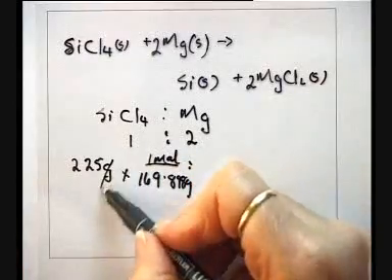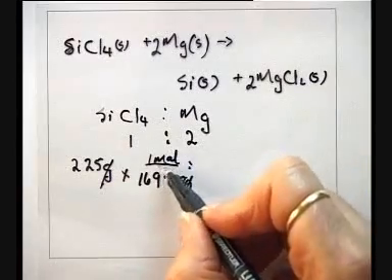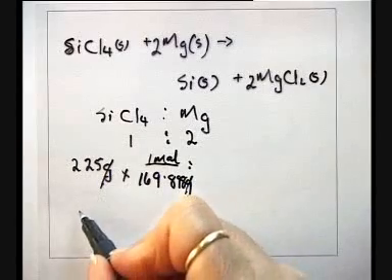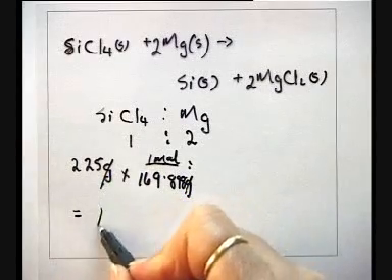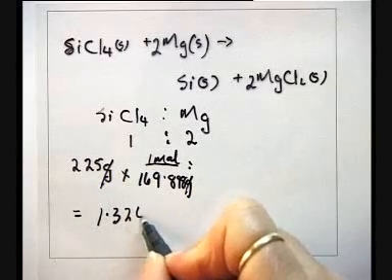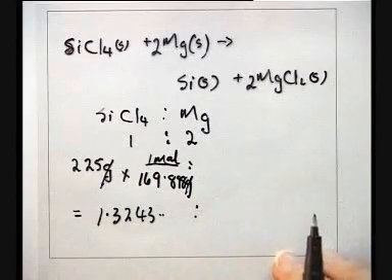What you do is cancel the gram unit and stay with the mole unit. So 225 grams of silicon tetrachloride represent 1.3243 etc. moles of silicon tetrachloride.